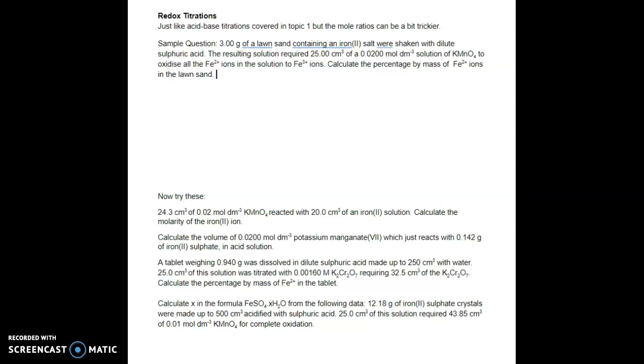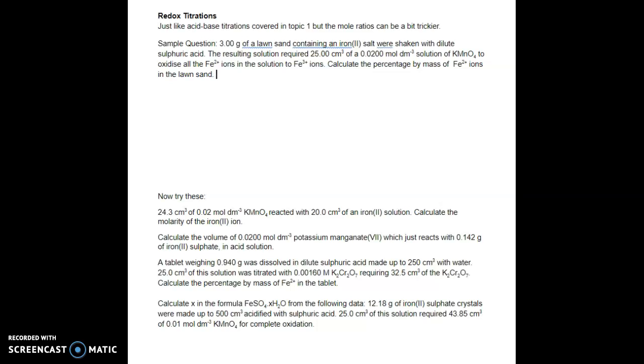So moles times the mass of 1 mole, the Ar in this instance, gives you the mass of iron in the lawn sand sample. Then you take that mass, divide it by 3.00 times 100, and you get your percentage of Fe2+ ions in the lawn sand.